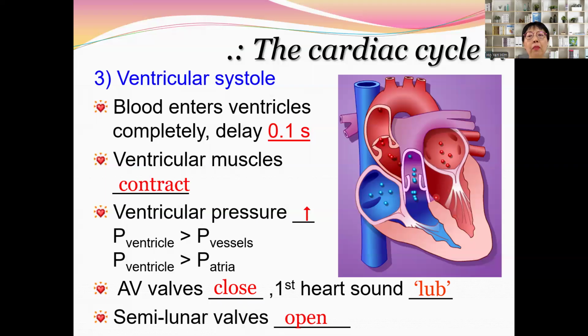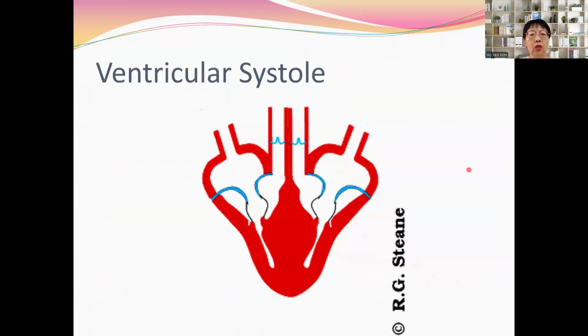Okay, so when the pressure in the ventricle is higher than the atrium, the bicuspid valve will close here, the tricuspid valve will close here. So that creates the first heart sound, lub, because the two flaps or the three flaps touch each other when they close. When they touch each other, then you get the sound. Okay, lub sound.